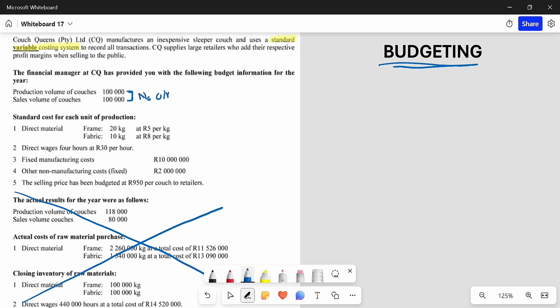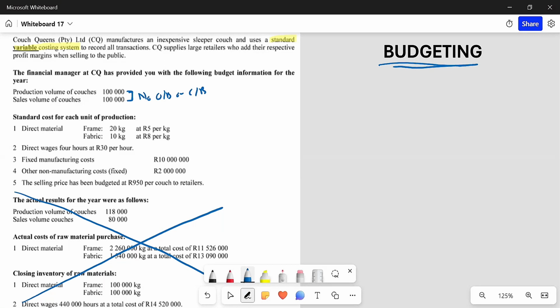So from this, you can conclude that there are no opening or closing inventory, because they budgeted to produce 100,000 units, and therefore they are budgeting to sell 100,000 units.